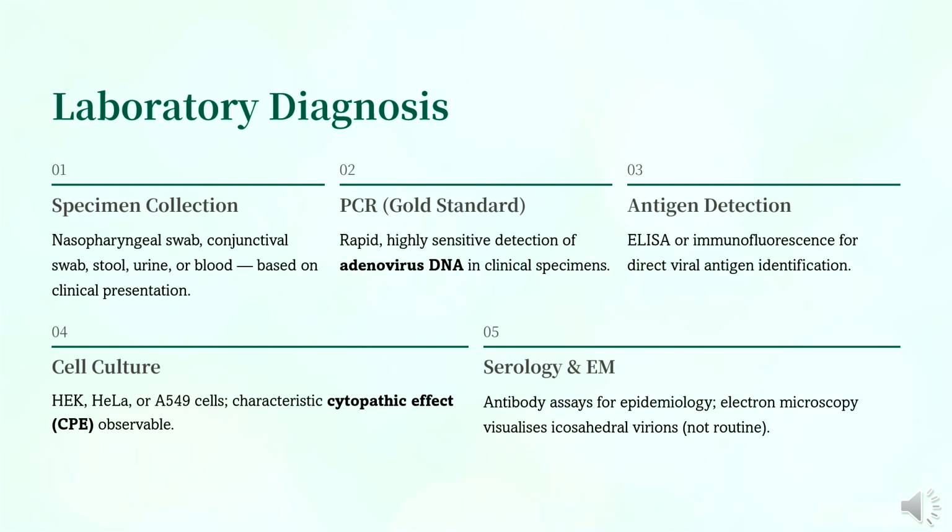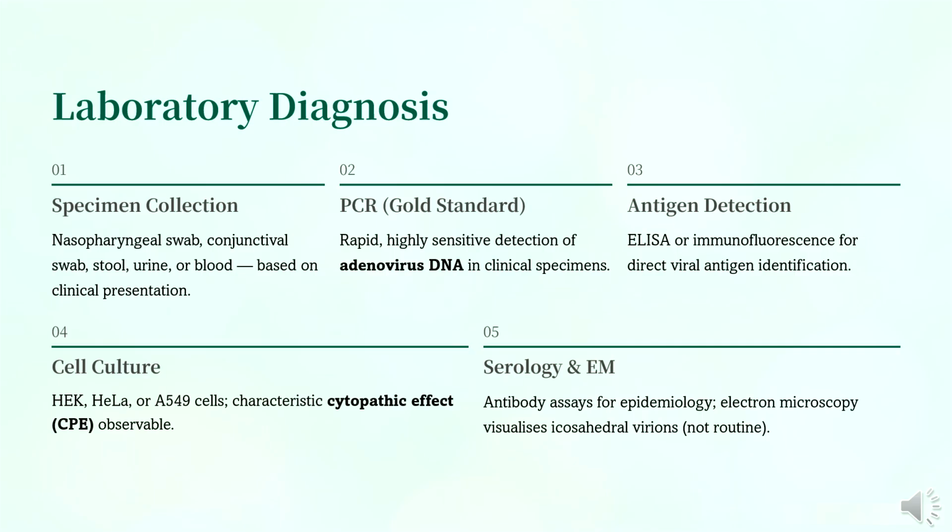To identify the adenoviral infections, accurate laboratory diagnosis is essential because adenovirus symptoms resemble those of influenza, respiratory syncytial viruses, COVID-19 viral infections, enteroviruses, and bacterial infections. Diagnosis depends upon the clinical syndrome and specimen collected.